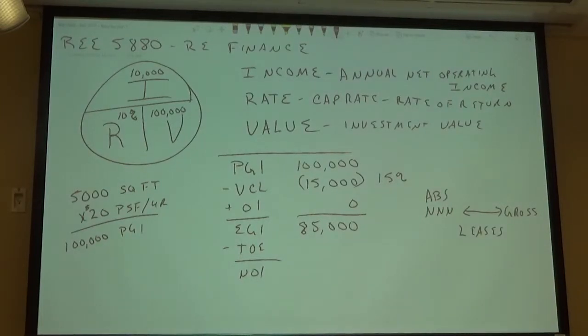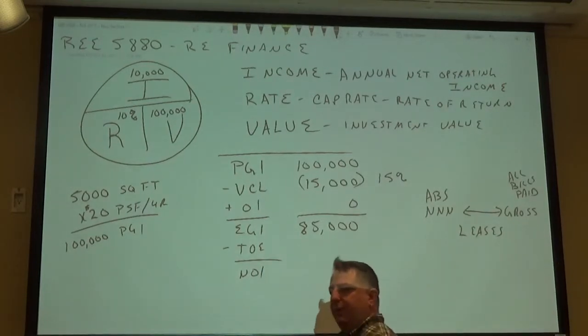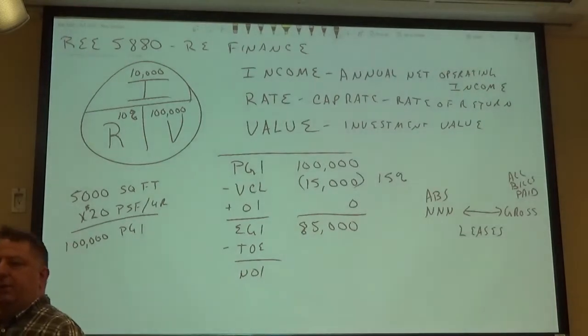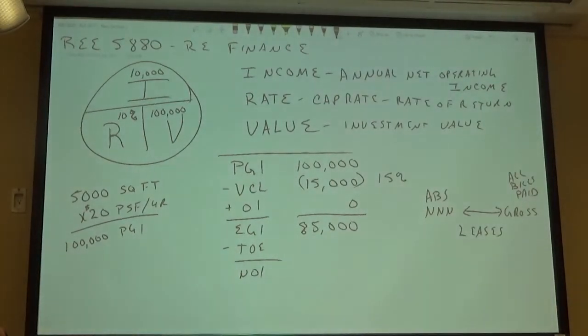From the tenant's perspective, that's kind of an all-bills-paid sort of lease. If you've ever lived in a dorm, in many cases they're not going to charge you for the electricity in addition to what you're already paying, or for water and sewer, because that's already included.